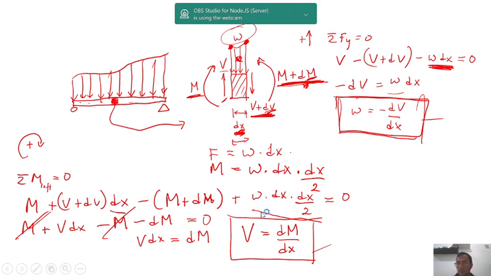But for some of you who don't understand, just accept that the relation between W and V is like this, and the relation between V and M is like this. Just accept it. In the real case later, what we can do is just use the equation directly. I just explained to you how to get this equation, that's all.